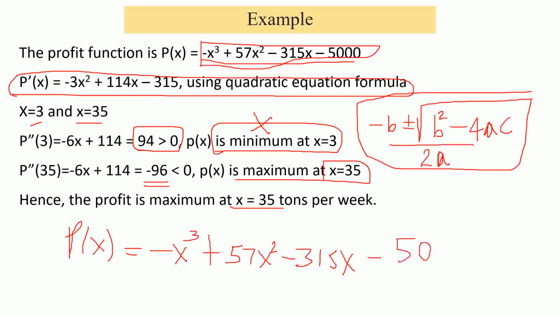But our question is just to find out the output value that can maximize our profit. That is 35. Here is the answer, right? This value makes our profit maximum.